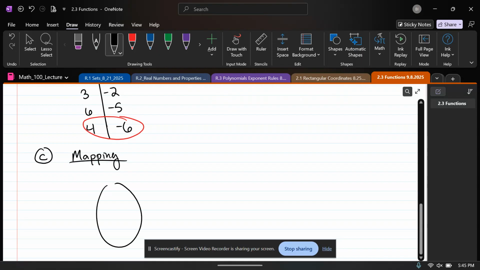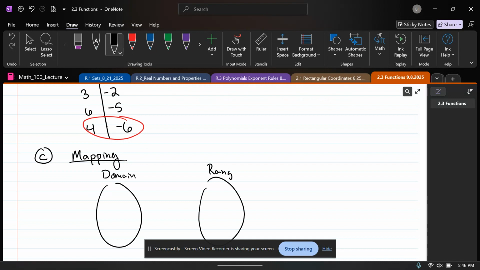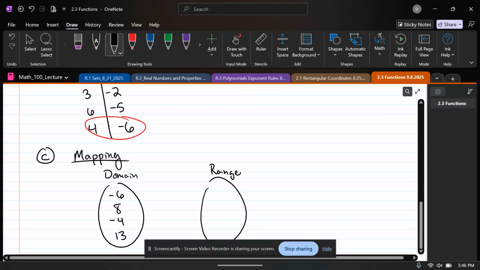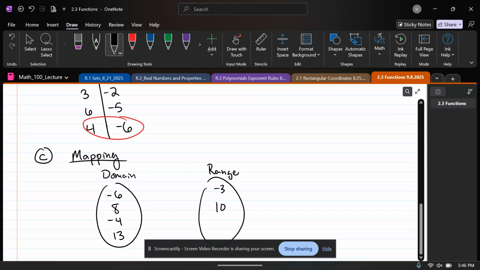And they have these bubbles. And one is the domain bubble. And one is the range bubble. And they'll put some numbers in each of the bubbles. So let's do -6, 8, -4, 13. So those are my numbers. I just randomly picked those. And I'm going to pick some y values, -3, 10, 8.